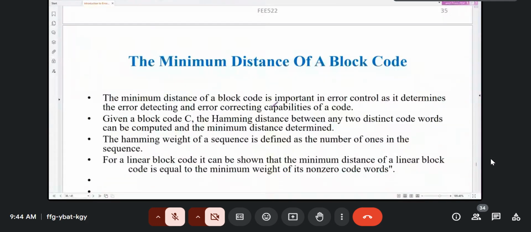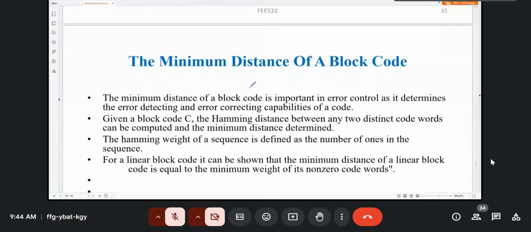So we have seen how these can detect, and that's where the minimum distance of a block code comes in.